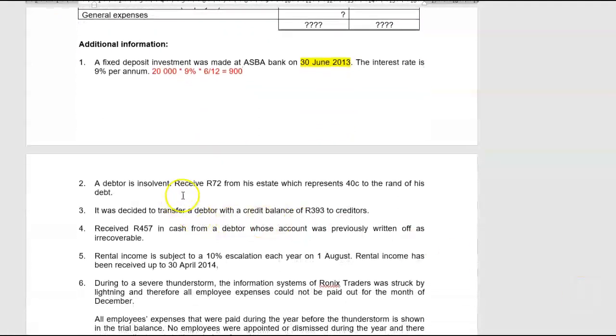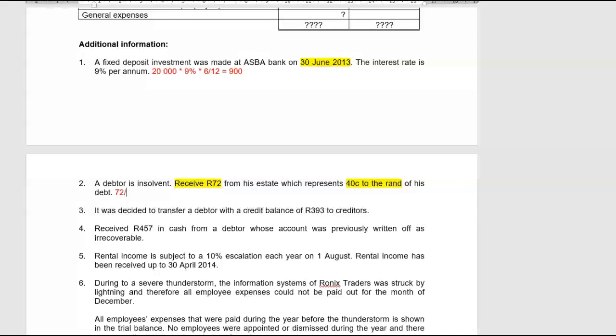The debtor is insolvent. We receive 72 Rand from the estate, which represents 40 cents in the Rand for the outstanding debt. So we can work out the total outstanding debt.